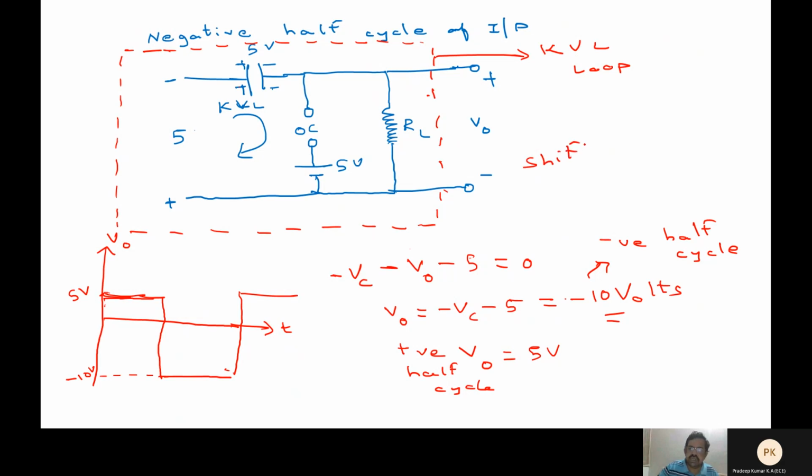In the previous example, the shift was upward. When the shift in the voltage of the waveform is downward, we call it a negative clamper.